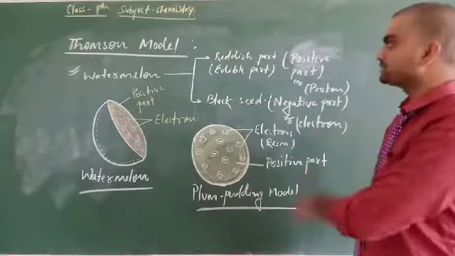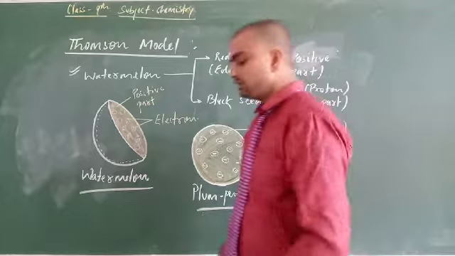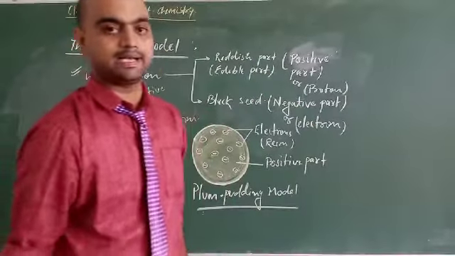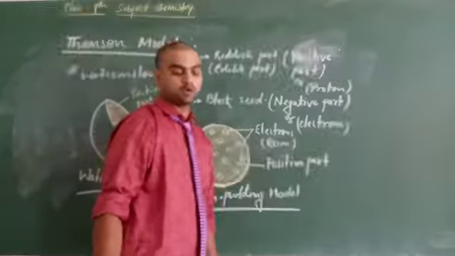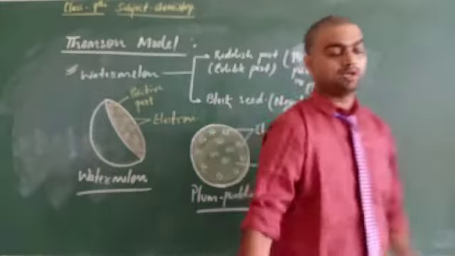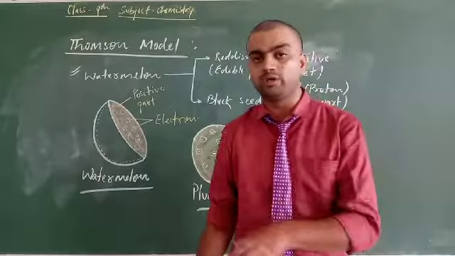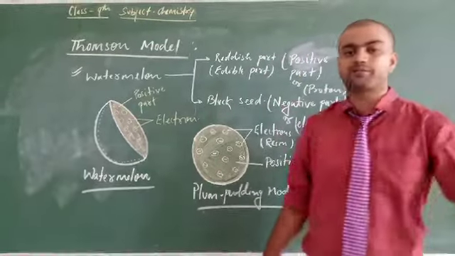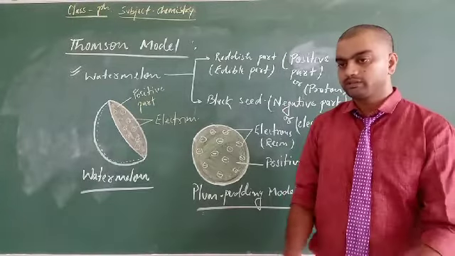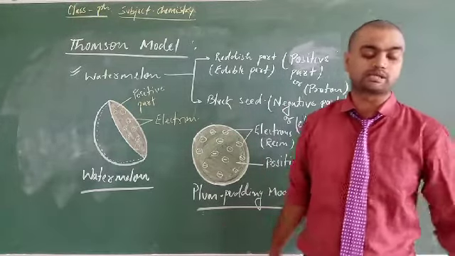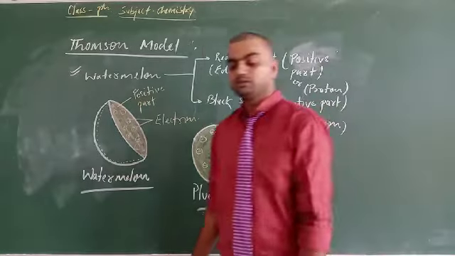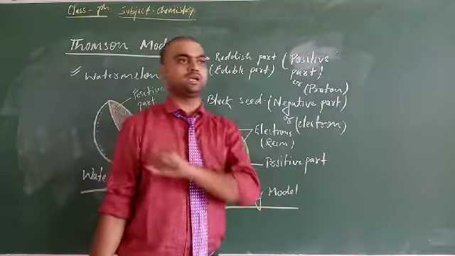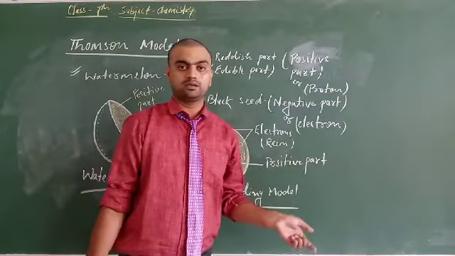The demerit was that, after the discovery of the new model, that is the Rutherford nuclear model, the Thomson model did not hold good in all situations. That means it fails in many cases. When new things were developed by Rutherford, the conclusion given by Thomson totally failed.